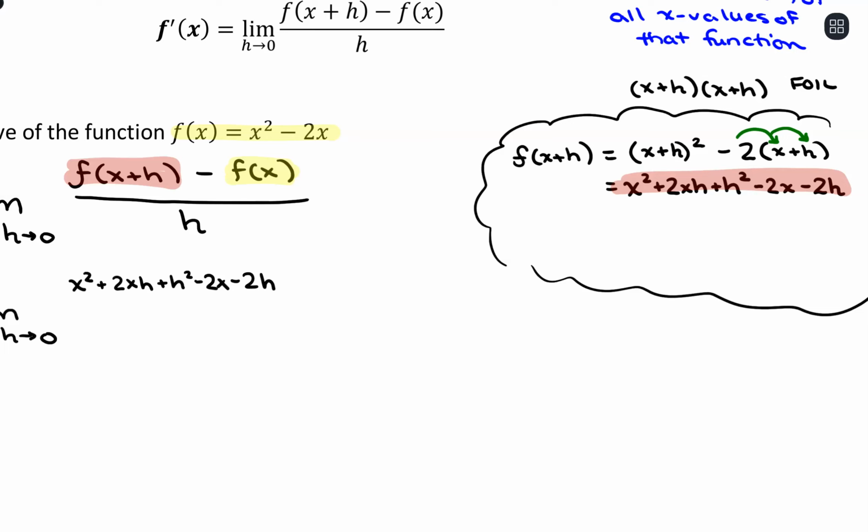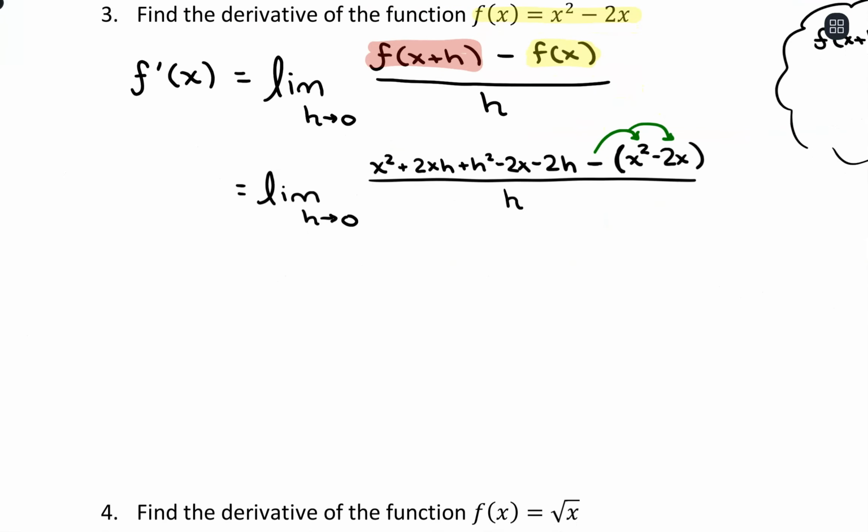All right, all of that was our f of x plus h. Then I'm going to go minus, and then our function, and I need to use parentheses here to make sure that that negative distributes with our function x squared minus 2x all over h.